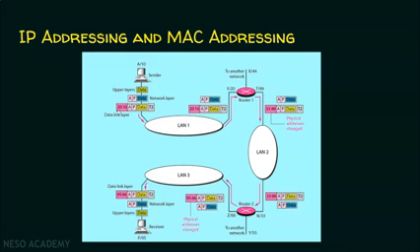We leave it to computer networking to take care of MAC addressing. We will always communicate with other devices with the help of names or IP addresses. For example, if I want to access google.com, I will open a browser and give www.google.com as a request. Or if I know the IP address of Google, I can communicate with the IP address. But we will never give a MAC address for communication.